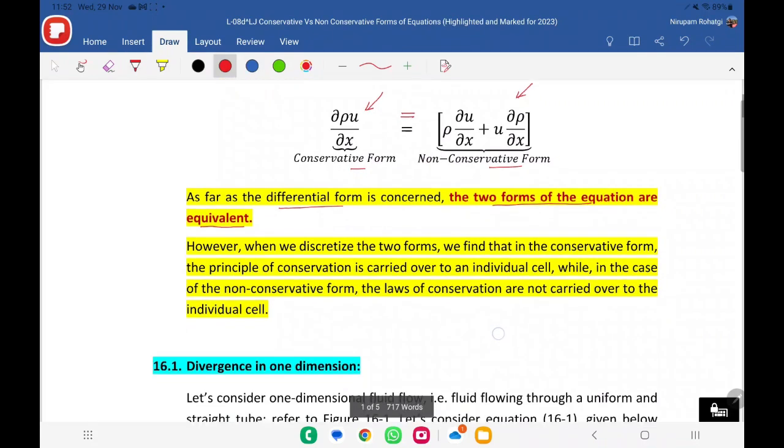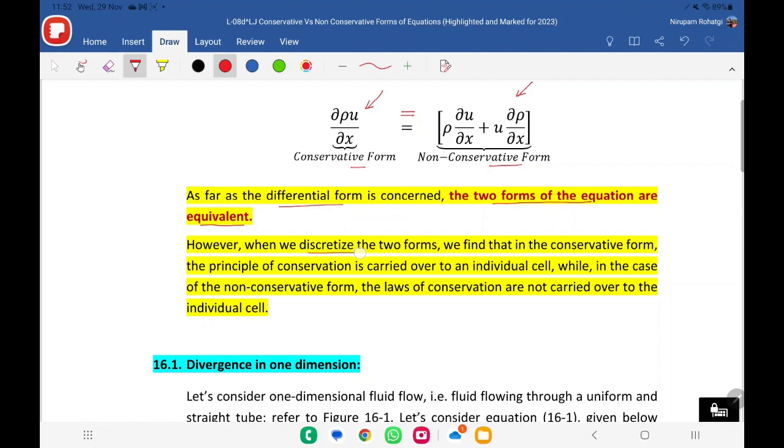Okay. However, when we discretize these two forms, we find that in conservative form, the principle of conservation is carried over to an individual cell, while in case of non-conservative form, the laws of conservation are not carried over to the individual cell. This is the law of conservation. In one case, you can find that it applies, in another case, it does not apply.